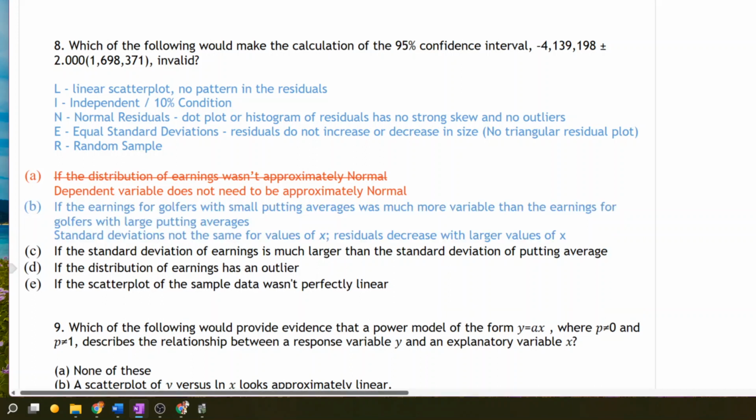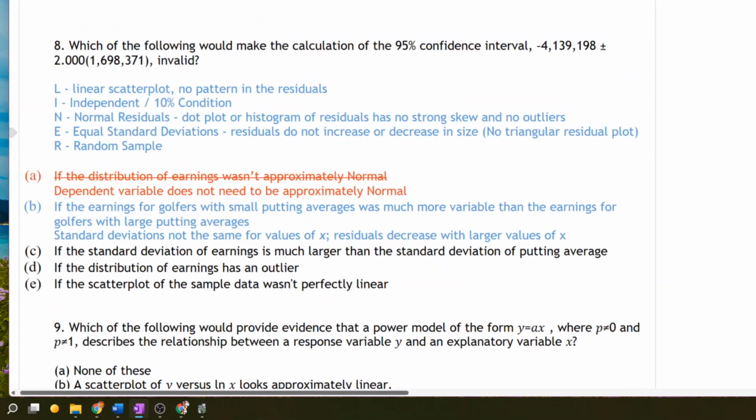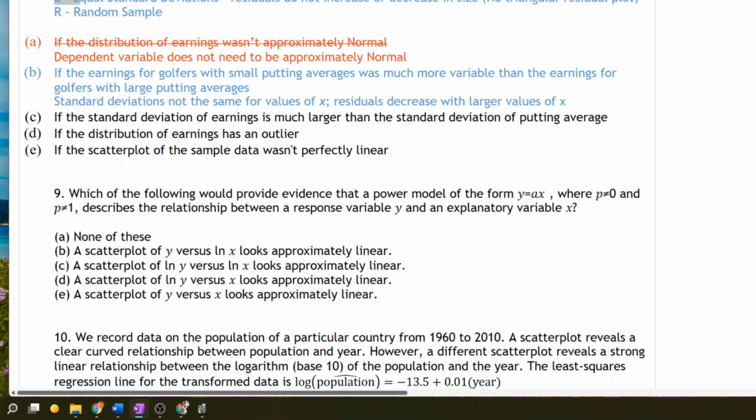This one seems like it's going to be our winner here, but of course we're going to keep on going. Equal standard deviations: if you violate that, then you have violated letter B. But we're going to keep going.